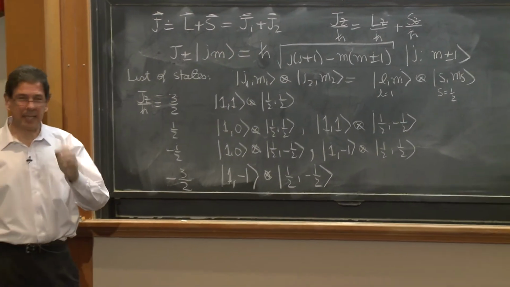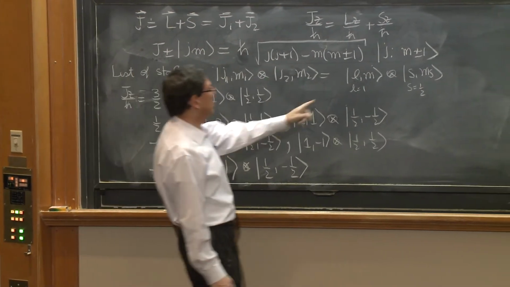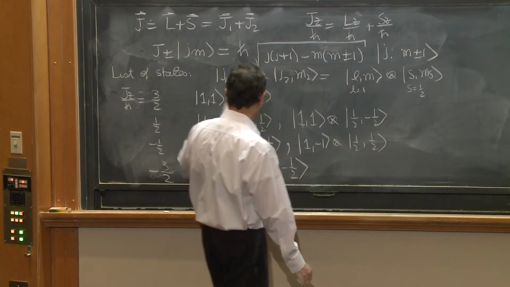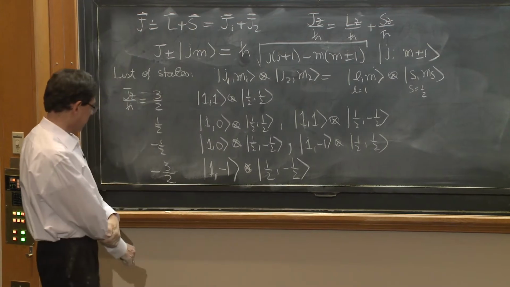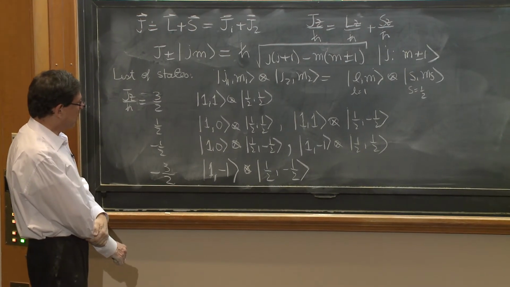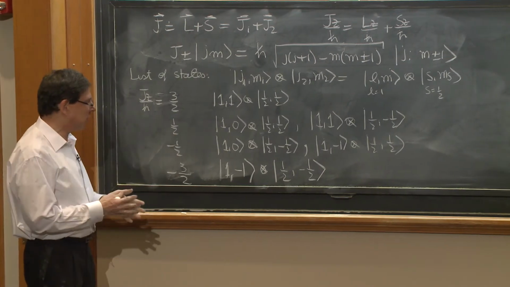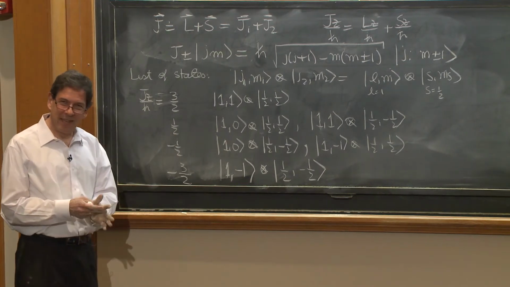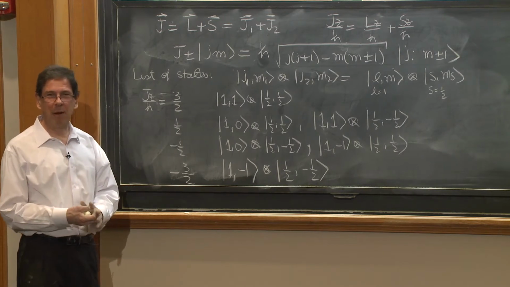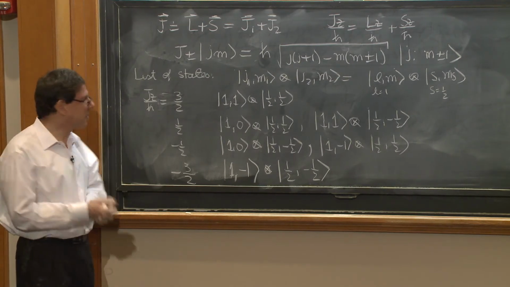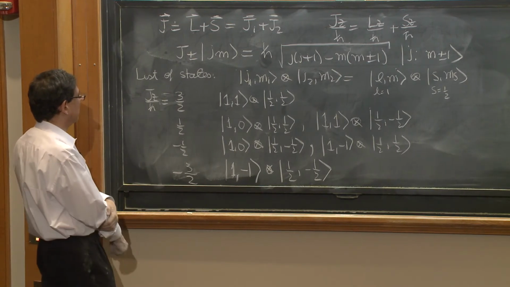Now we had 6 states. Remember, there's 3 of these, 2 of those, and I've organized those states here. I want you to look at this table, because this organization in fact solves half of our problem. Once you realize how this table is built, you've understood something very important.